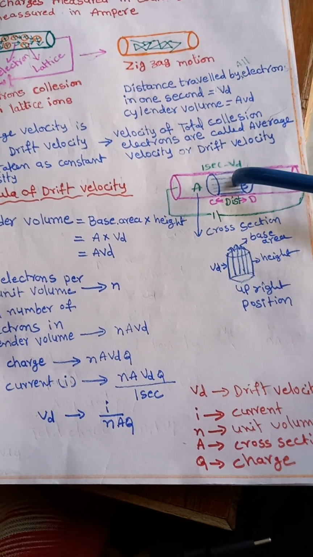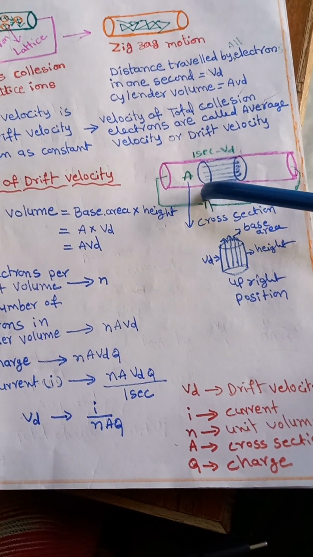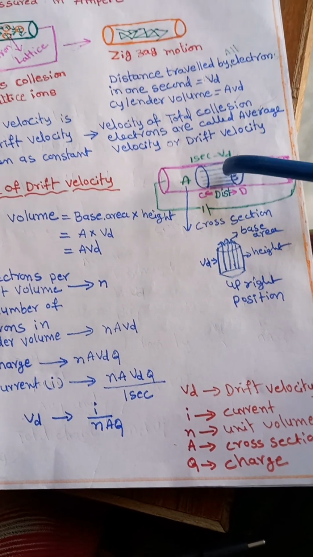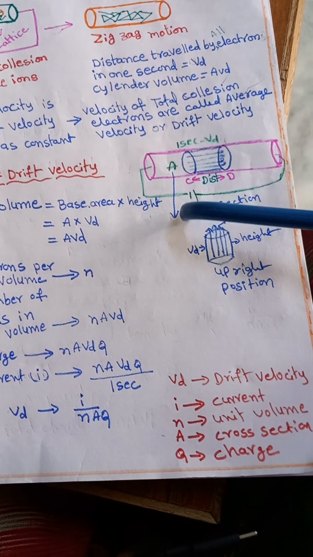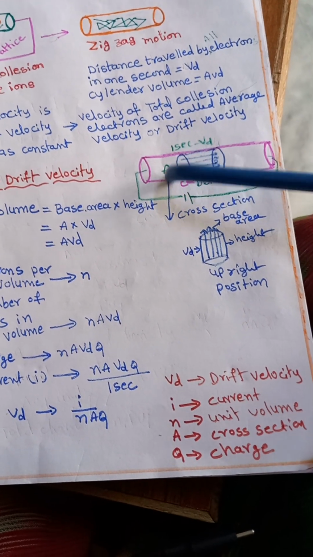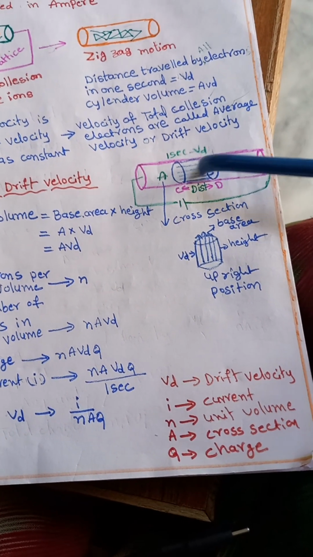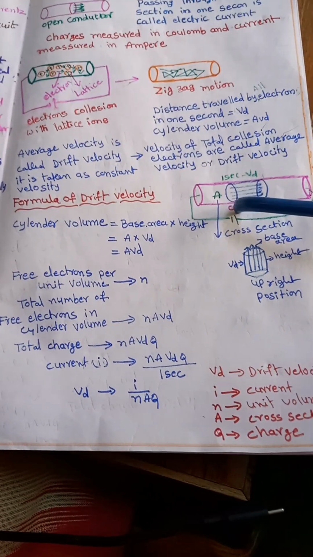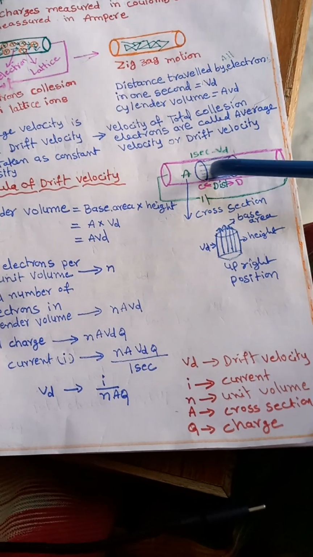At the C point the cross section is there. The shape of this is called the cross section. Both sides have cross sections, and the shape of this whole part is called a cylinder.